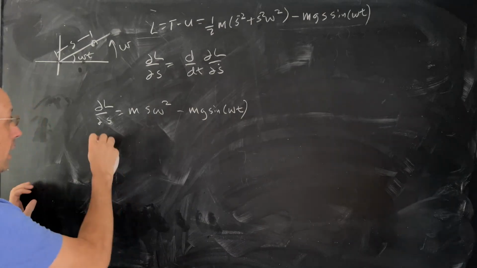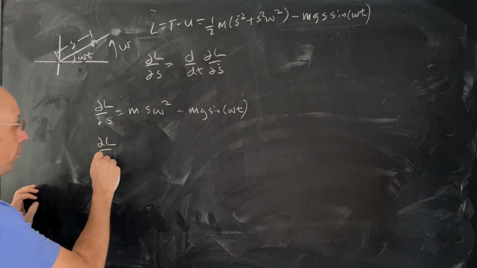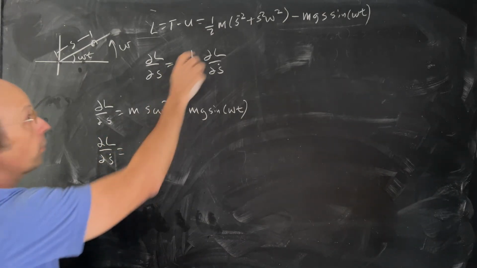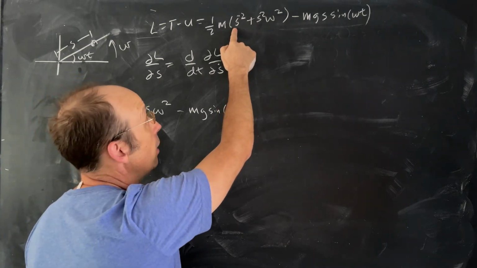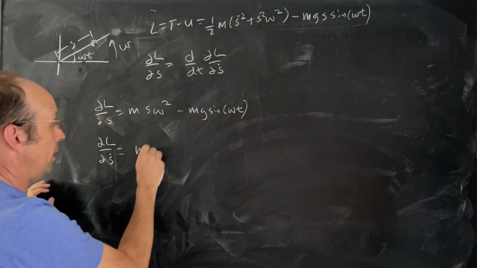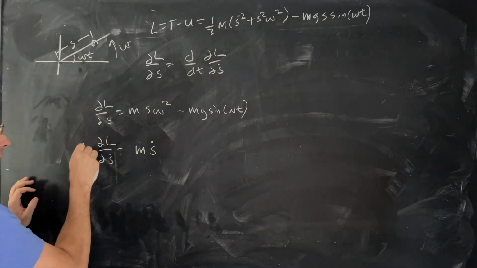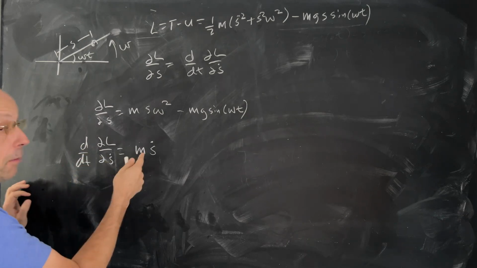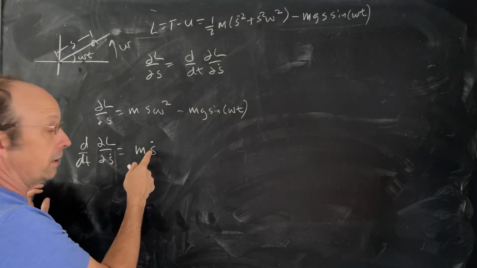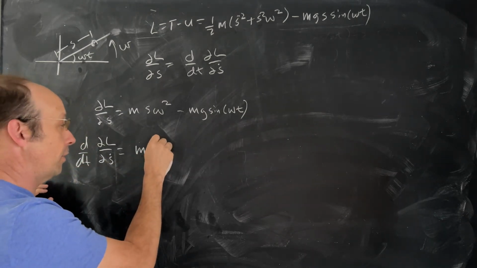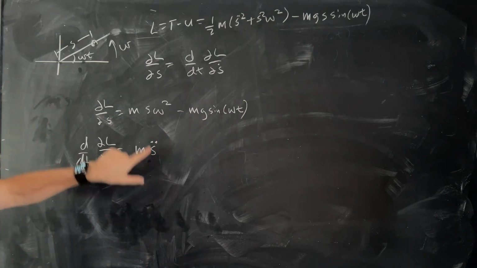Okay, now let's take the partial of L with respect to s dot. Well, there's only one s dot term, it's right there. So that's pretty easy. This is just going to be m s dot. And then if I take the time derivative of that, the mass doesn't change with time, so I just get the derivative of s dot with respect to time, so I get s double dot. Now that has to be equal to that.